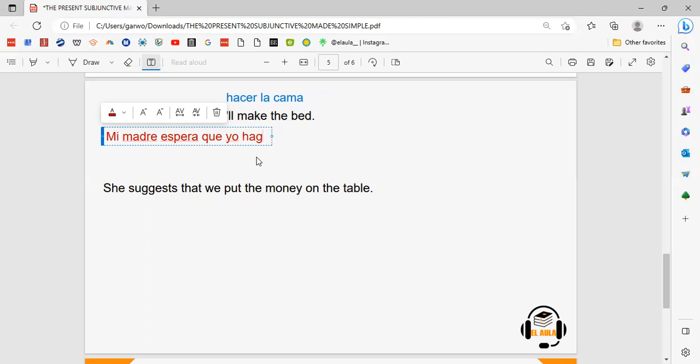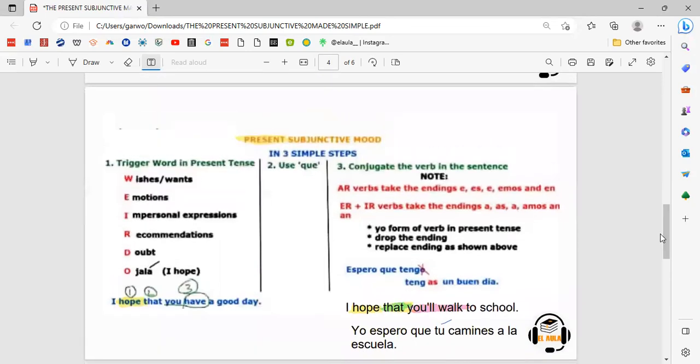And since it is the yo form in the present subjunctive mood that we're trying to attain right now, we're going to be making a switch from O to the A ending. If we go back up a bit, again, that is on the utmost right hand, conjugating the verb in the sentence.